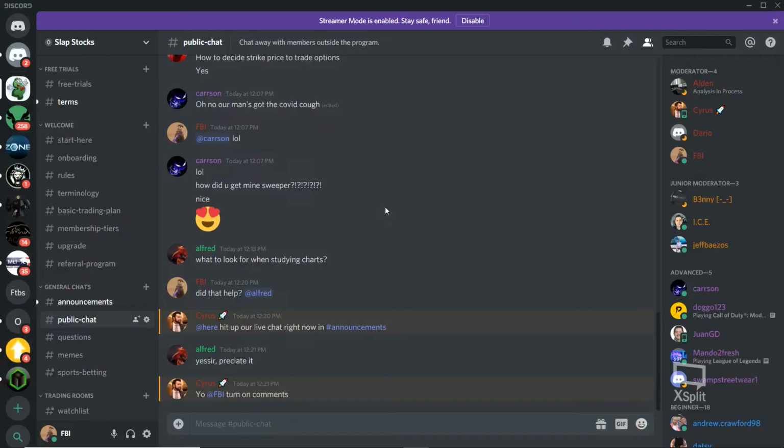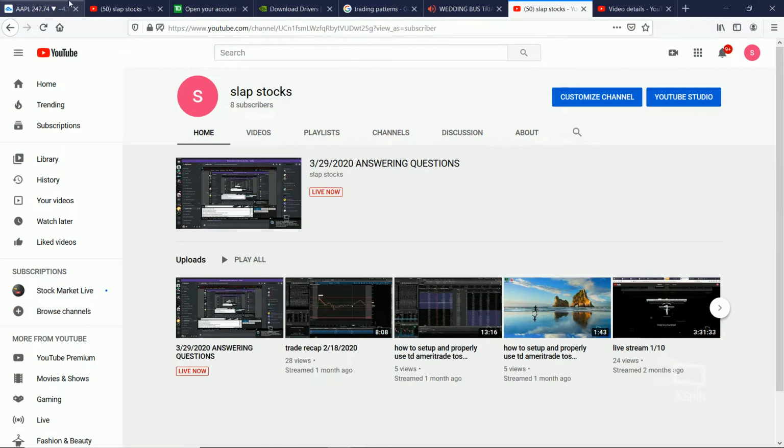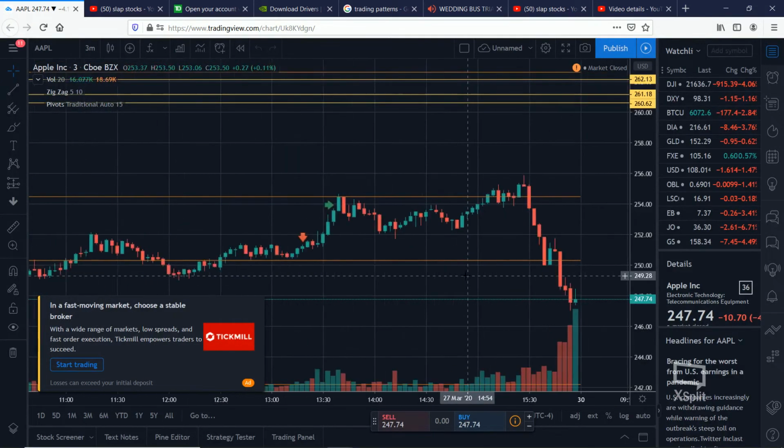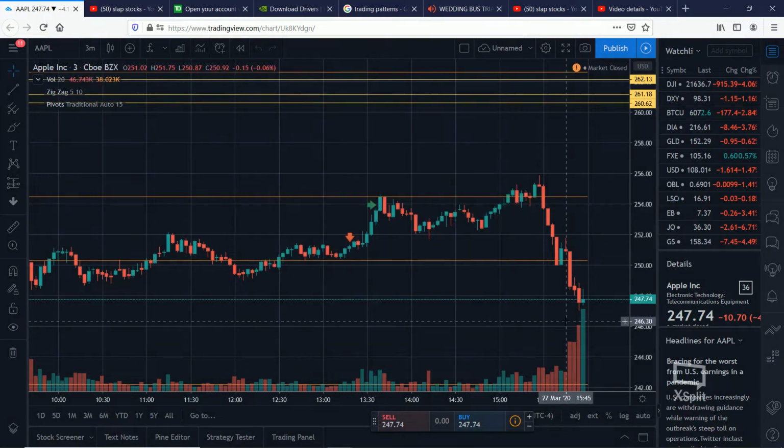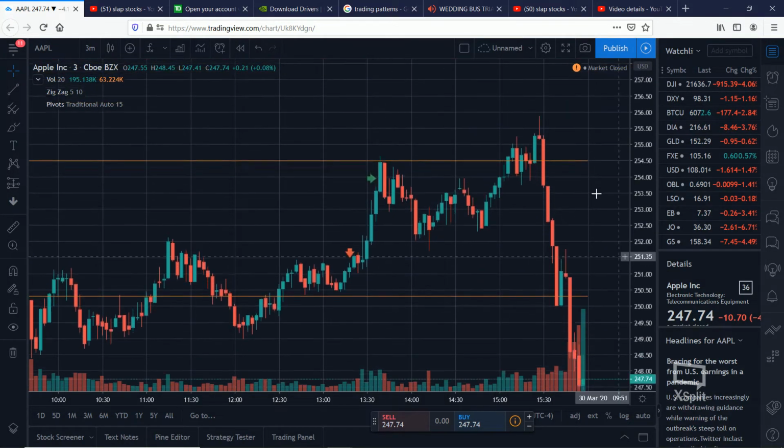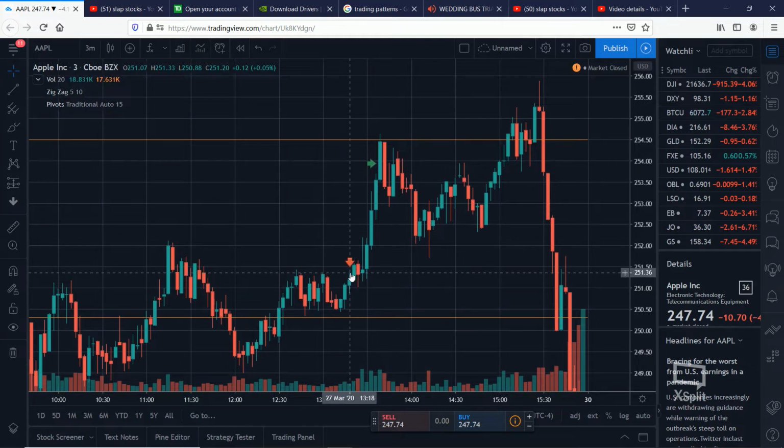So I'll show you. I like to use TradingView just to show you guys. So this was our Apple play the other day. We entered here on this break above resistance, and we sold up here, right here. We didn't hold till the very top, but we sold right here at a decent price.